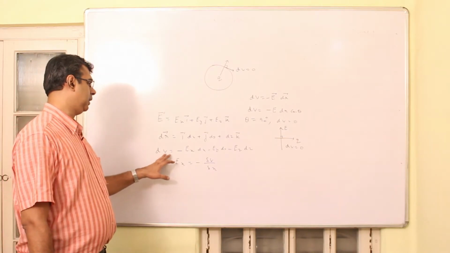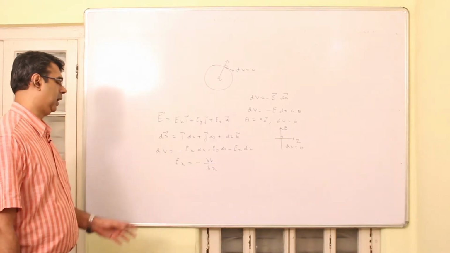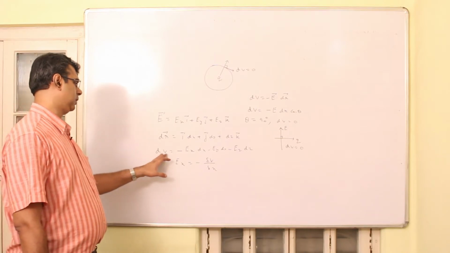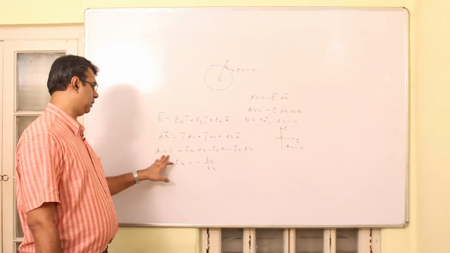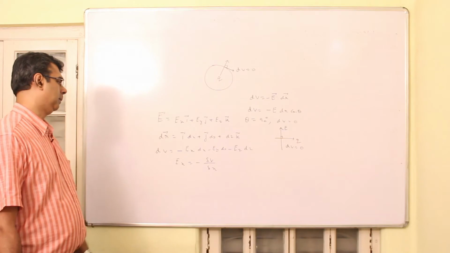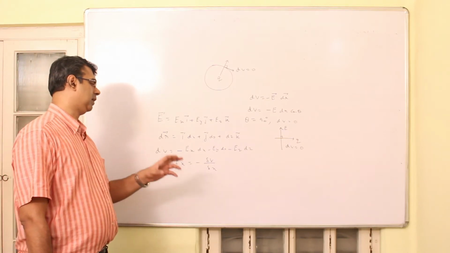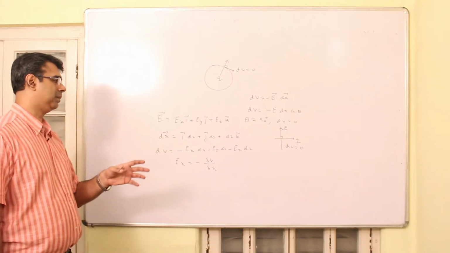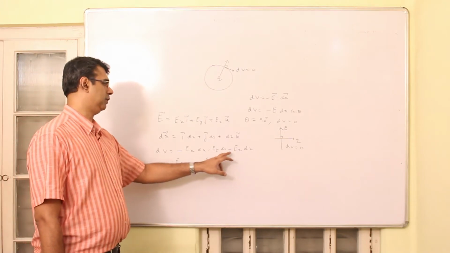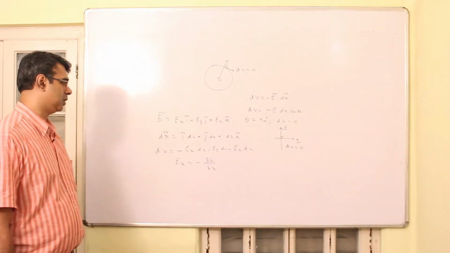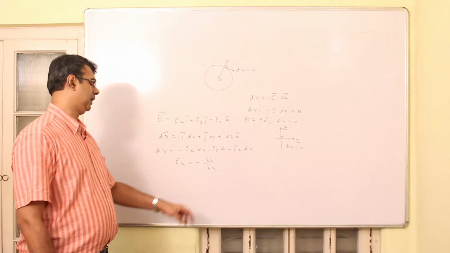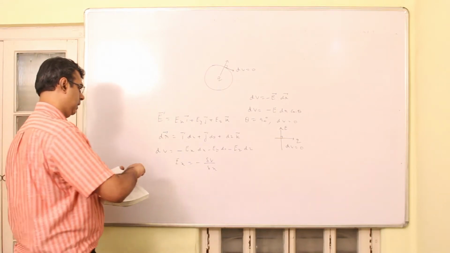So dV and dx are derivative of V and derivative of x. But if you do partial derivative, that means the other variables are being treated like constants. So if you consider y and z as constant, then Ex will be minus del V by del x.